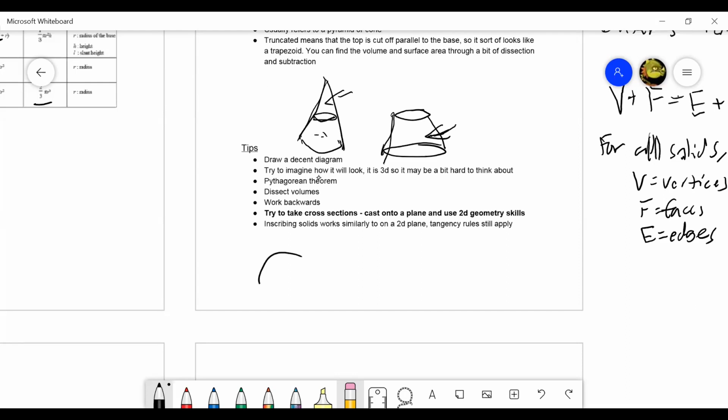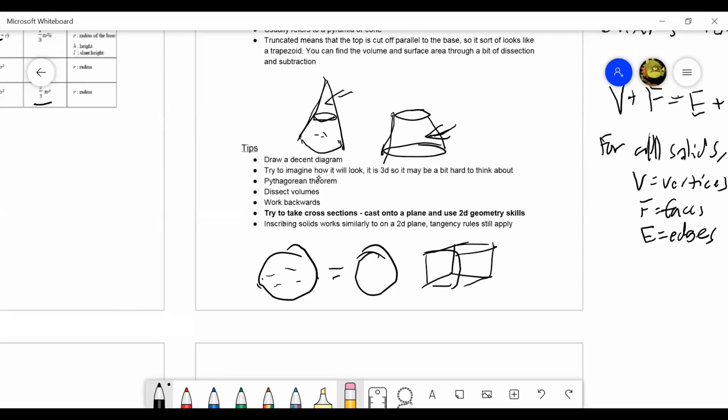So if you take a cross section of a sphere, it doesn't really matter how you do it since it's a sphere. If you take a vertical cross section, it would just be a circle, so a cross section of a sphere is a circle. The cross section of a prism would be a square.